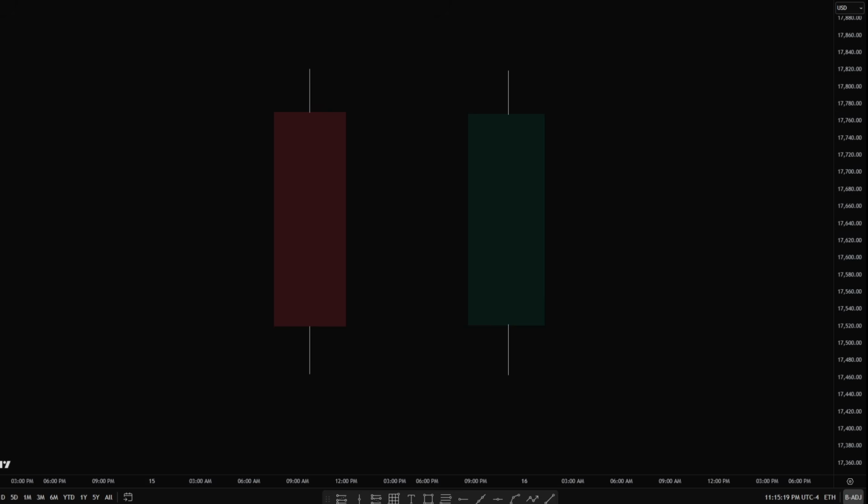This is something I currently use a lot more often in my trading. I have used it in the past, but now I have used it recently a lot, and I thought I would explain it to you guys how precise it is, how amazing it is to understand it.